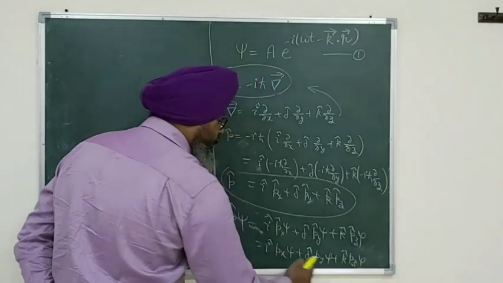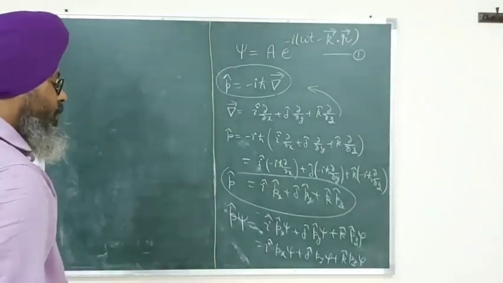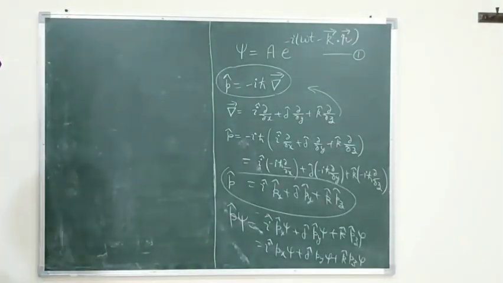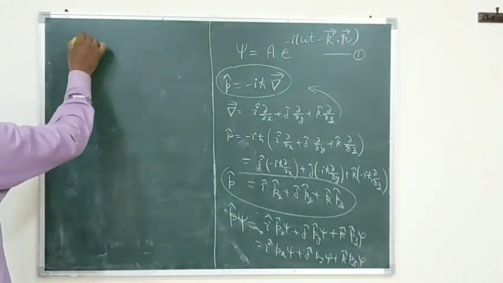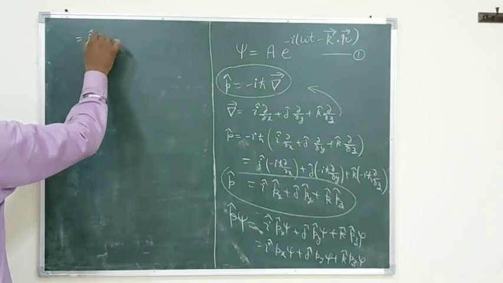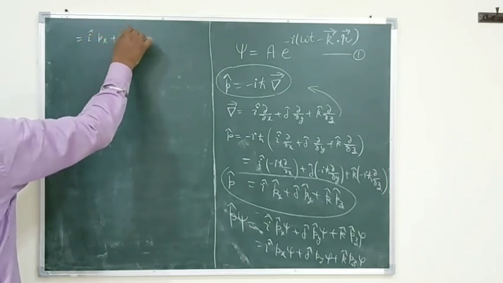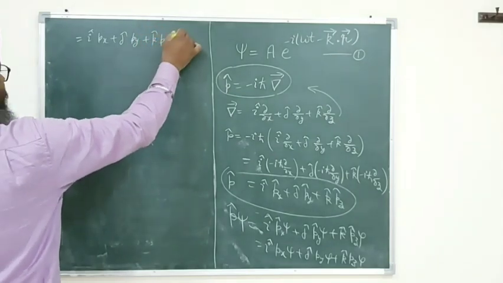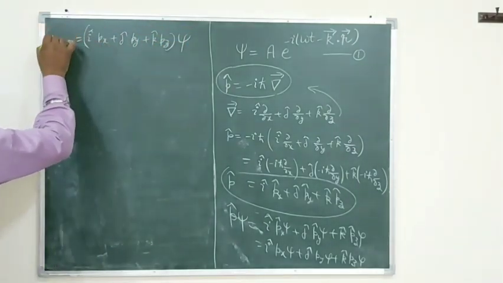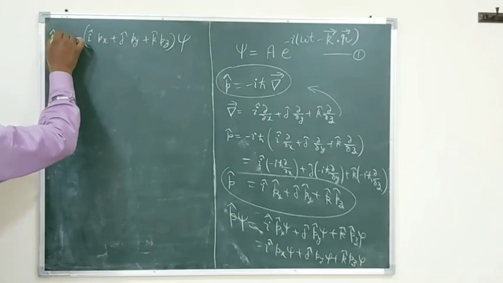So psi, because it is just a mathematical function which has been calculated after solving the Schrodinger equation, can be taken outside. So we can take it common. It will become i cap px plus j cap py plus k cap pz, and psi is taken outside. Left hand side is nothing but p cap of psi.